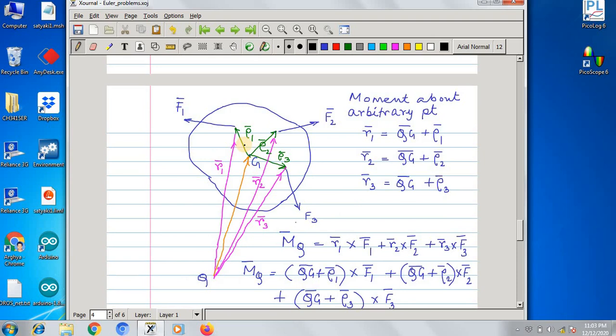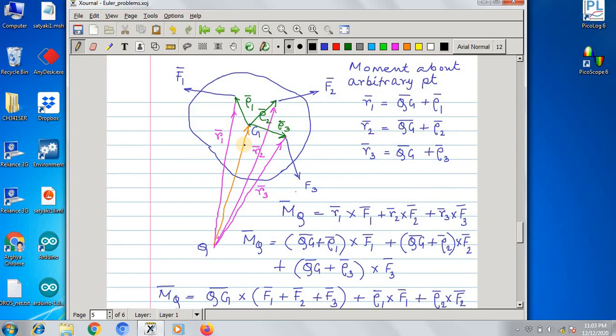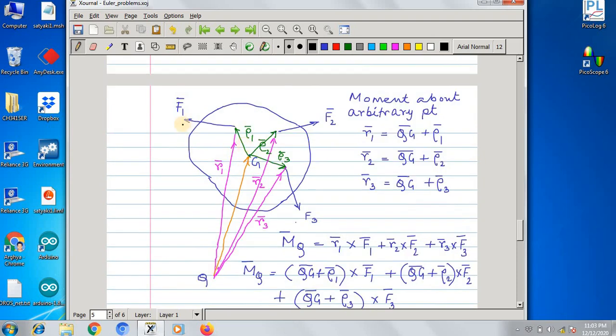Another interesting point I want to mention here is that M equal to H dot is true if you take moment about the center of mass or about any fixed point.